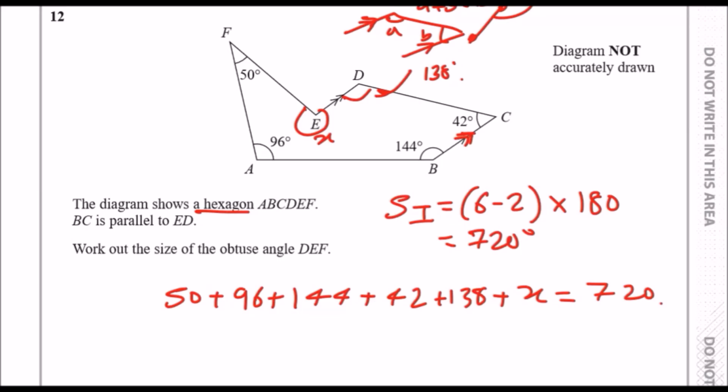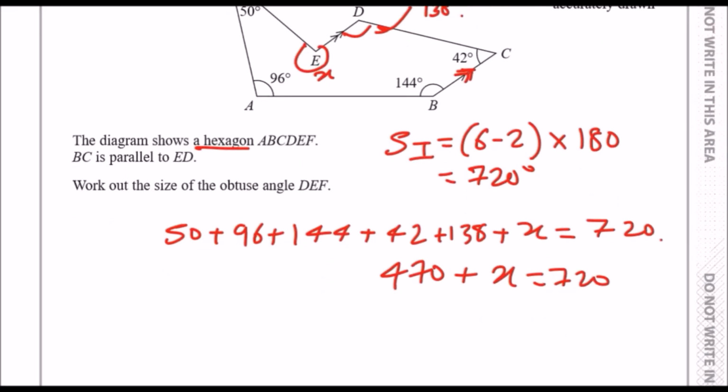Now the quick way to do this is just collecting like terms. So 50 plus 96 plus 144 plus 42 plus 138 should give us 470 on the left side, plus x equals 720. Then 720 minus your answer, and you should get 250. And that's it. That should be it, okay?